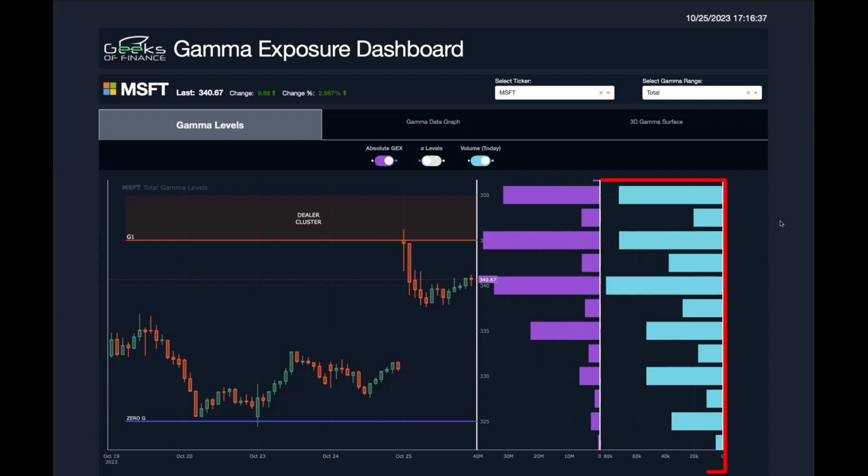It's always important to watch volume by strike, especially right before earnings, just to get a sense of where the market thinks the likely price will reach on an earnings jump, either lower or higher. It doesn't mean that's where it's going to go, but it's showing you what everyone else thinks the price is going to pin to.